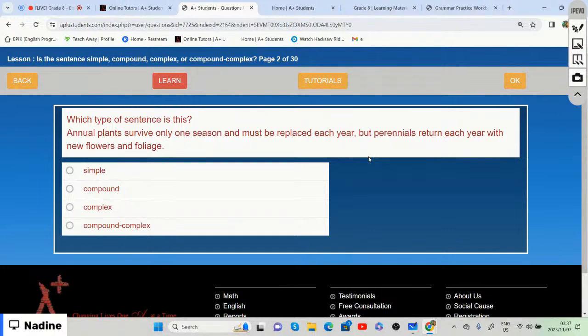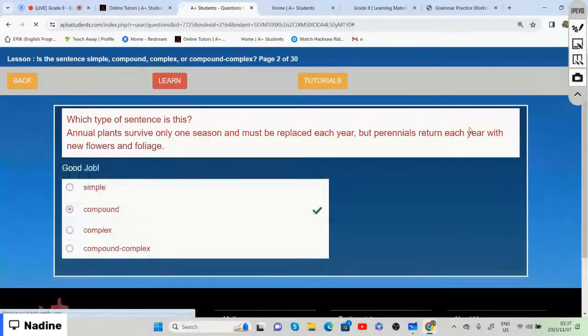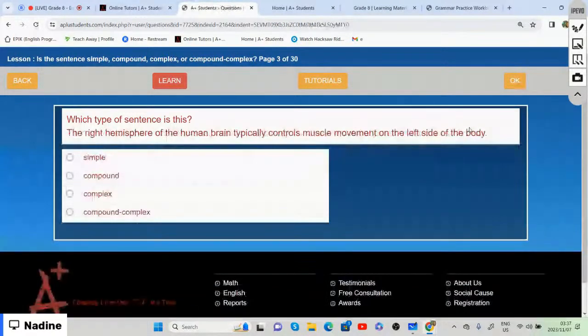And if we look at the word but, then it tells us it is a compound sentence, because it is joined by a coordinating conjunction.